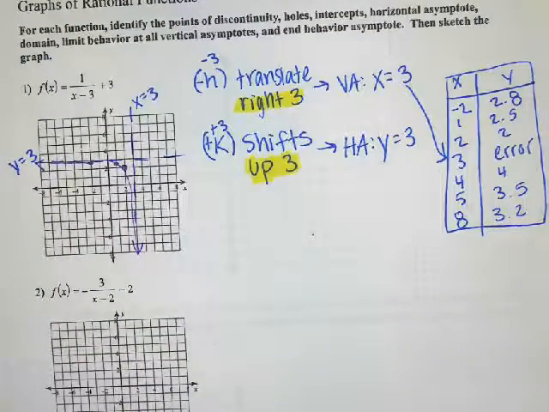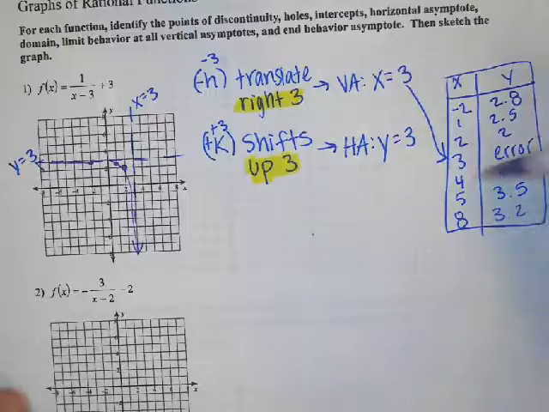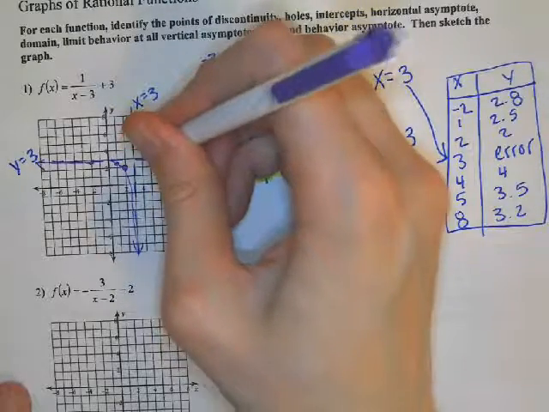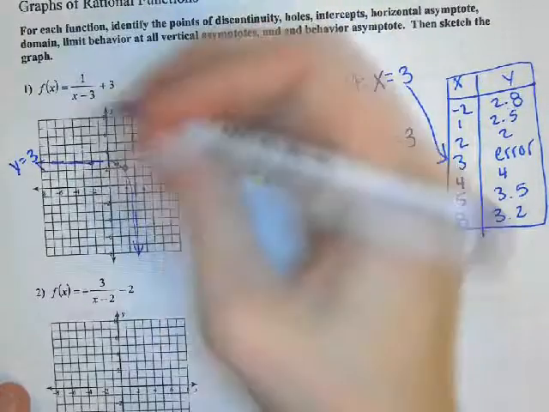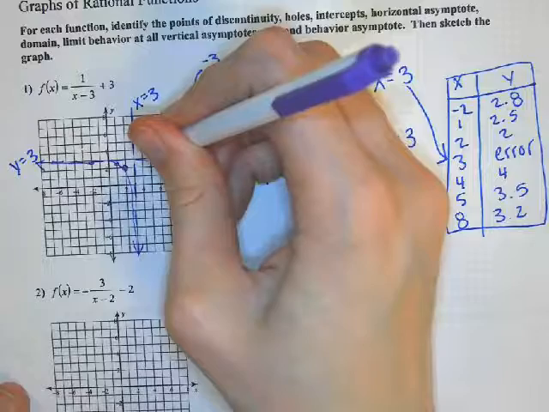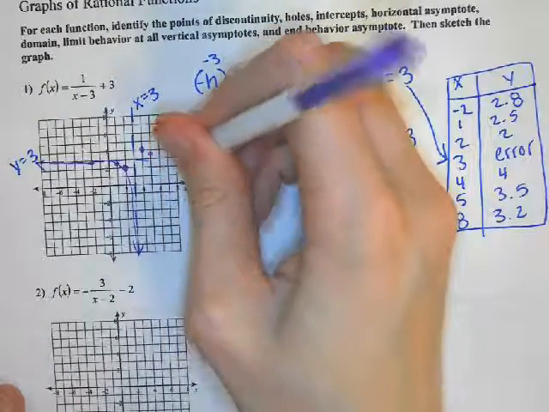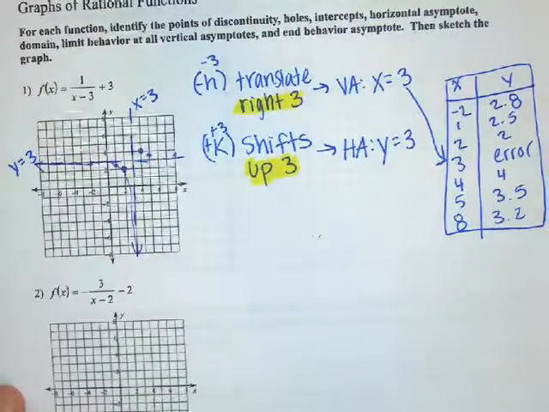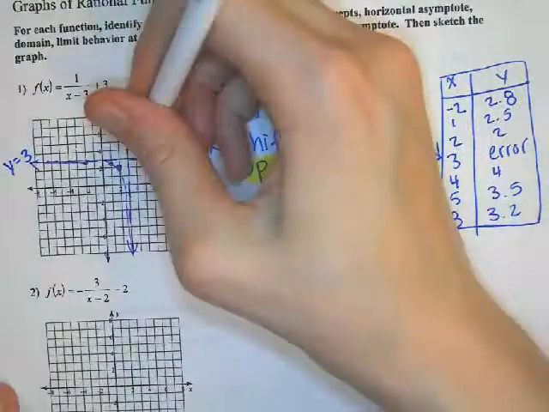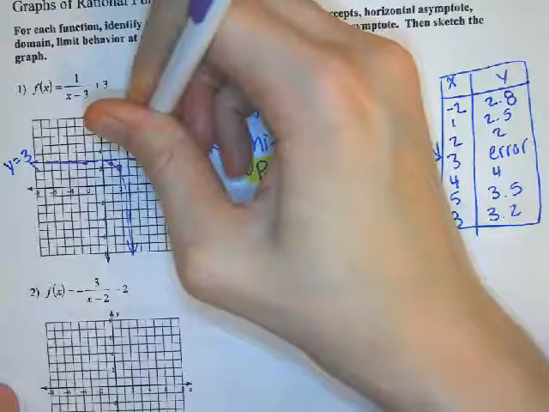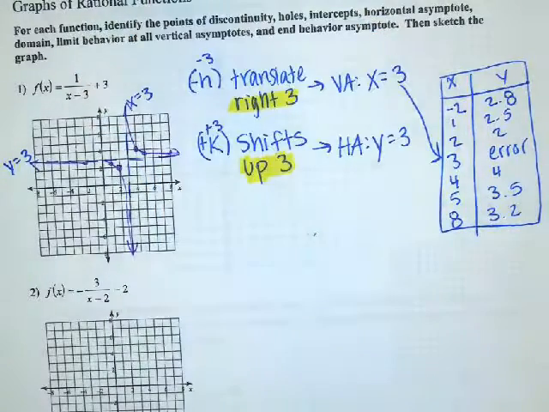Same thing for the other side. We got 4, 4, 5, 3.5, and 8, 3.2. We see the curve, approach the asymptotes. All right, we graphed it.